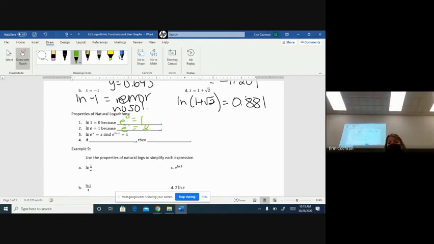And then ln of e to the x is equal to x, and e to the ln of x is just x. So the e and the ln's get rid of each other, don't they? And if ln of x equals ln of y, then x equals y.